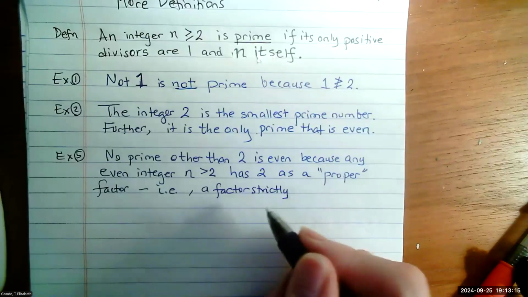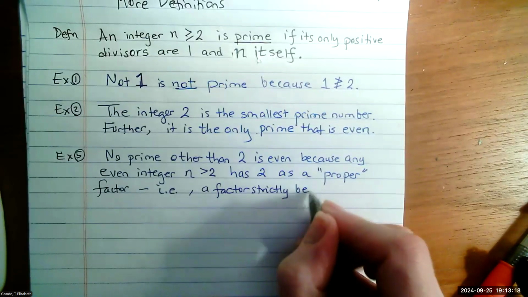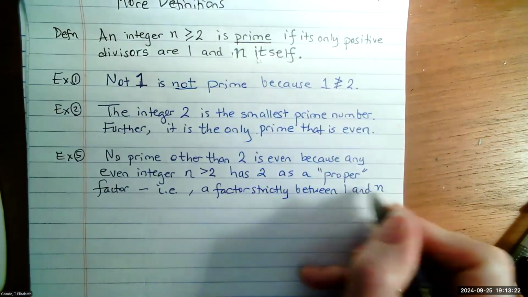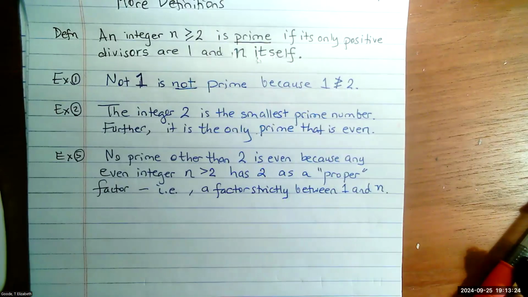A factor that's not 1 and not n. It's strictly between 1 and n. So 6 can't be prime because 2 is a proper factor. It's not 1, it's not 6.